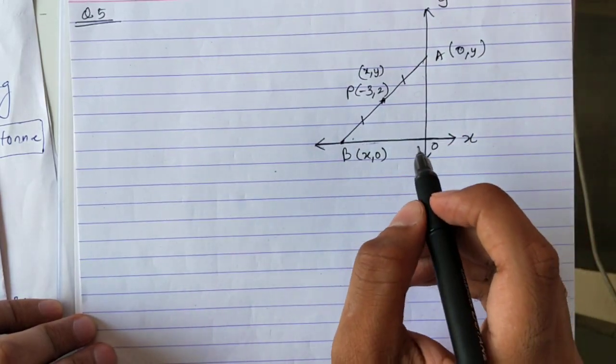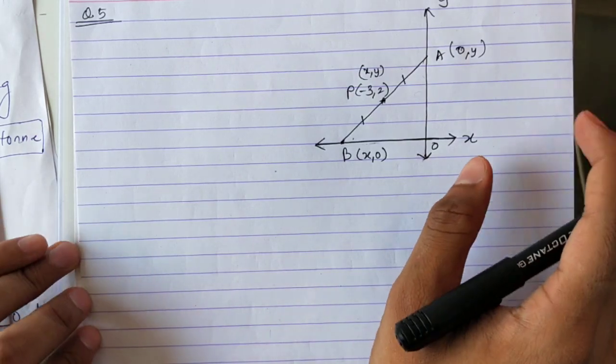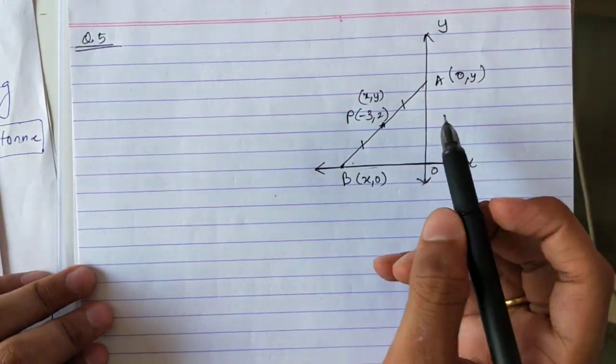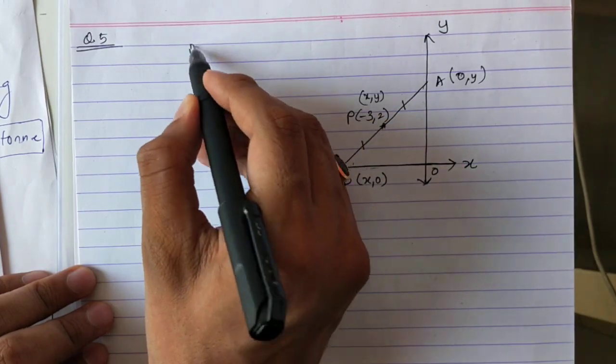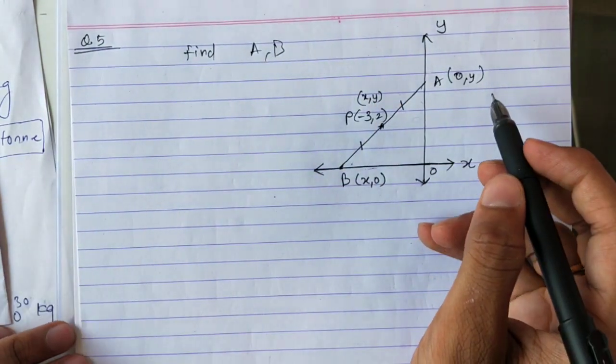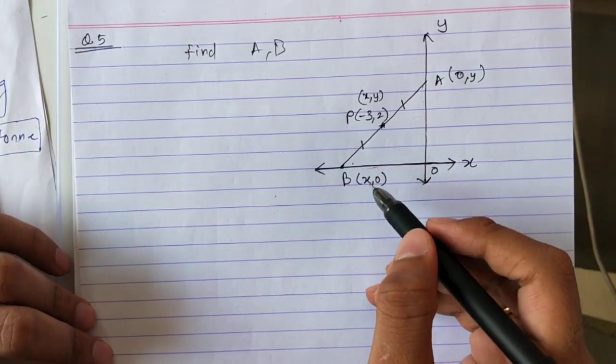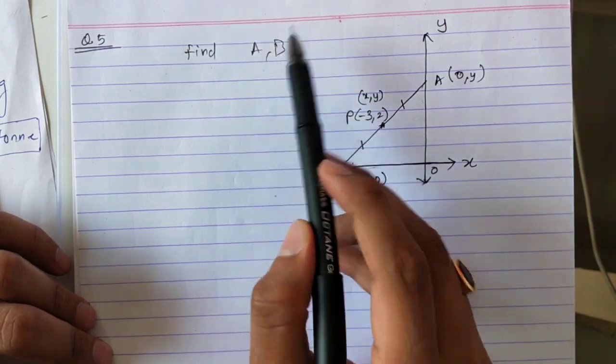This was the most important step. Now we have to just apply the formulas. What is to be found in this question? Find the coordinates of A and B. We have to find the coordinates of A and B.